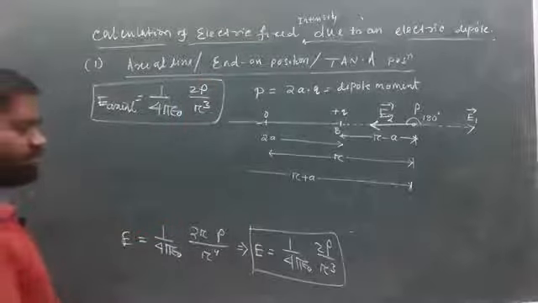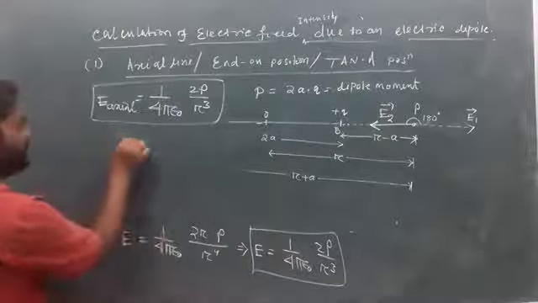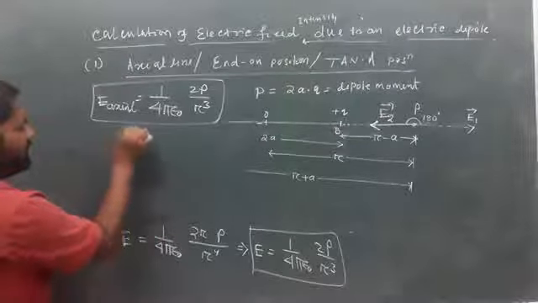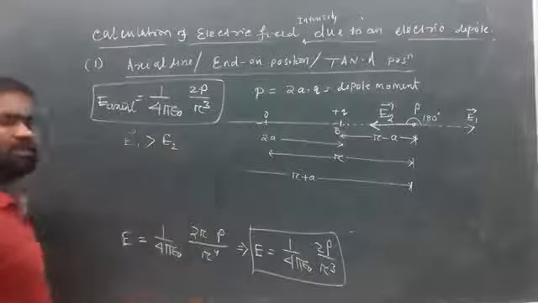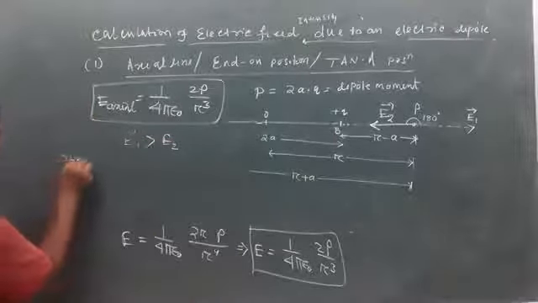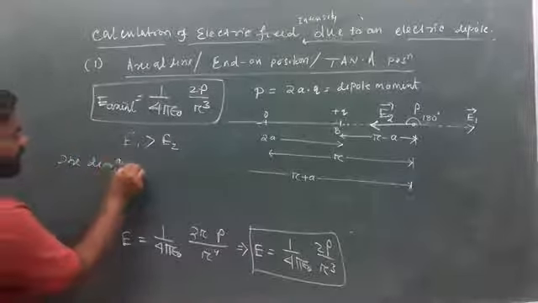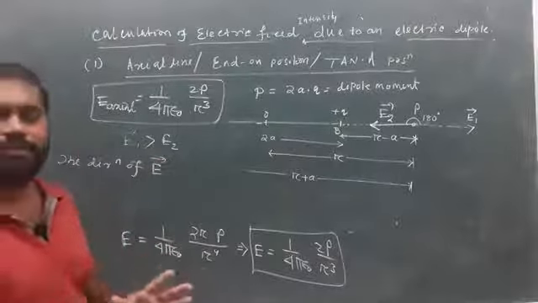Okay. So in vector form, if we measure, we find E1 vector is greater than E2. As E1 is greater than E2, consider the direction of the resultant field.